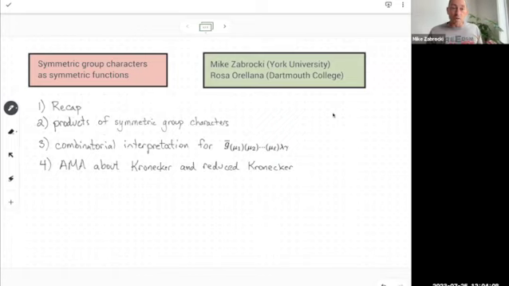So I'm going to give this combinatorial interpretation for the reduced Kronecker, but when it's given by a sequence of rows acting on a single partition, and then the coefficient of another partition, and this is something you just can't do with the Kronecker coefficient. So there's something different about the reduced Kronecker coefficient and the Kronecker coefficient, but these are super closely related. We'll get to that, and hopefully in the AMA.